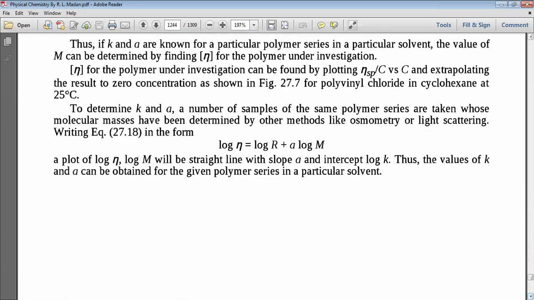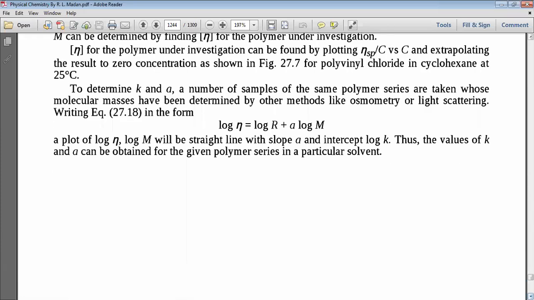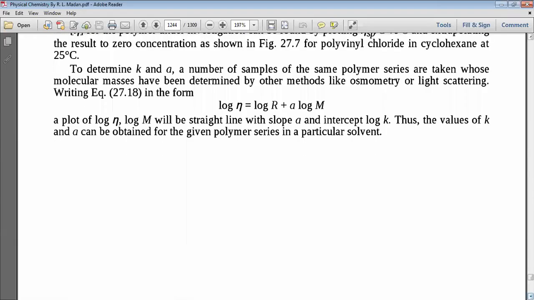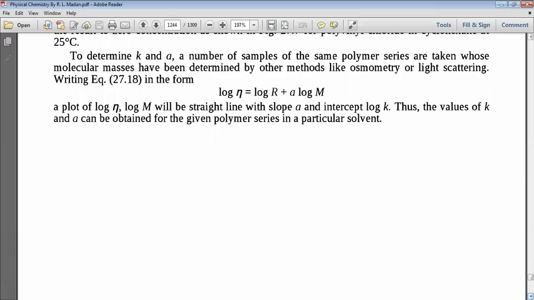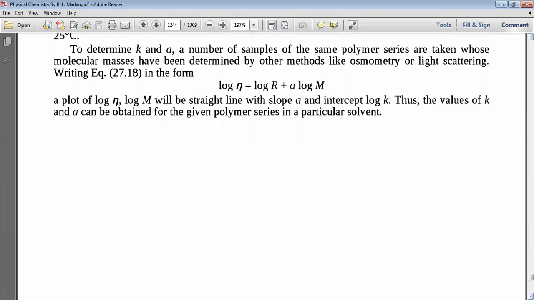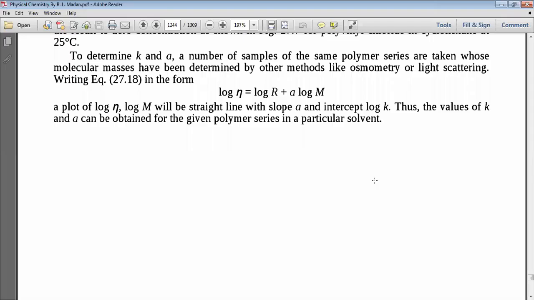To determine K and a, a number of samples of the same polymer series are taken whose molecular masses have been determined by other methods like osmometric or light scattering methods. In the equation [eta] equal to K M to the power a, taking log, log [eta] equal to log K plus a log M. Now this is a linear equation.